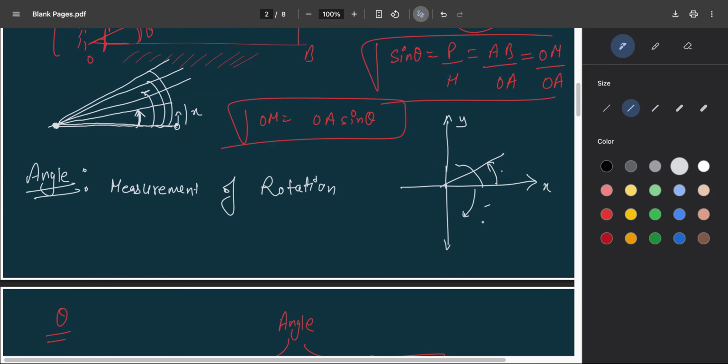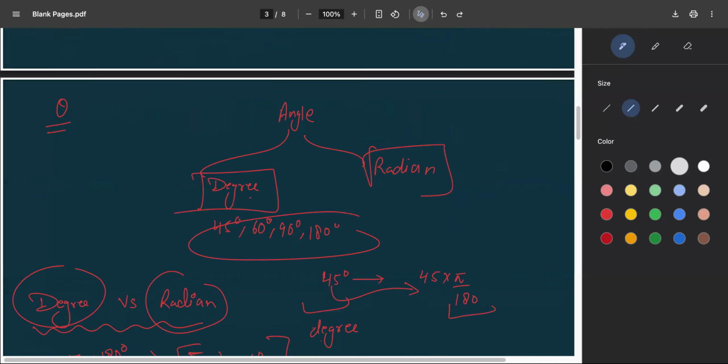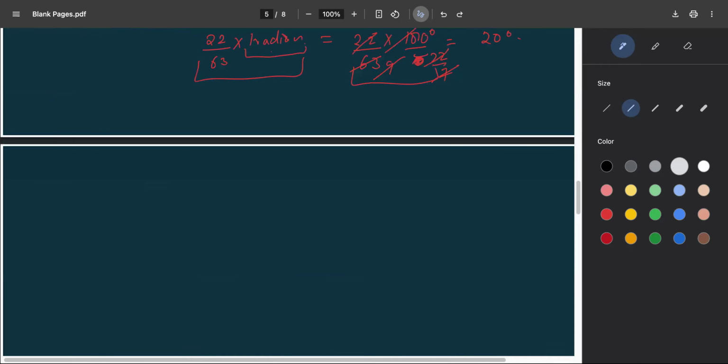Because this side is negative y, so we say this angle is positive. Whatever you do in the opposite direction is always taken as negative. Are you clear with the concept so far, whatever we discussed? Yes, sir. Clear, right? Yes, sir.